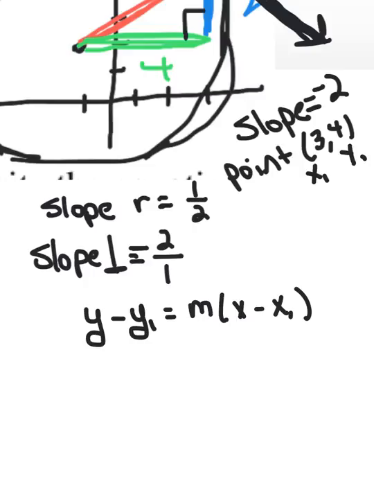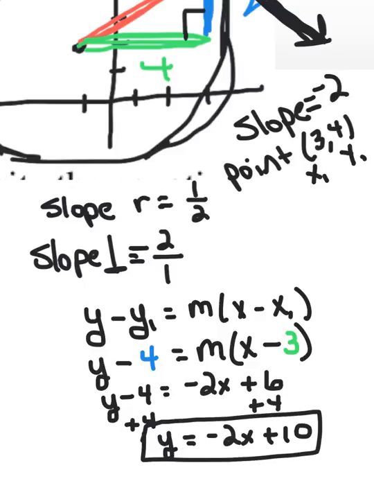Now I'm just going to plug those into my point slope formula. All right, so I've plugged in the 4 for y1 and the 3 for x1, and I simplified this, and I know my slope is negative 2, so I plugged in negative 2 for slope, and that gave me y minus 4 equals negative 2x, because negative 2 times x is negative 2x, and negative 2 times a negative 3 is a positive 6.